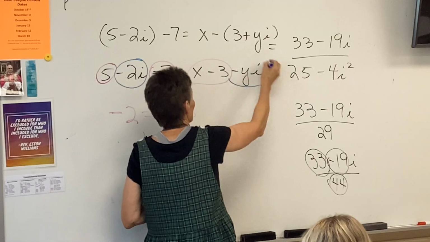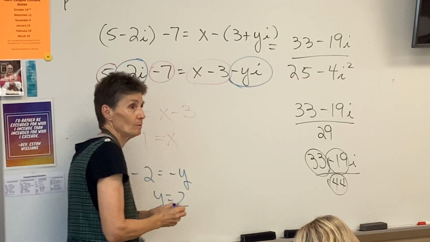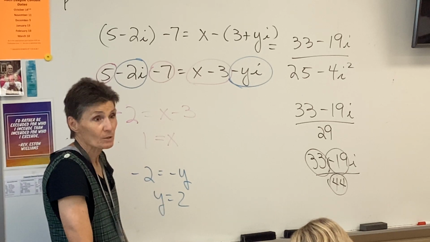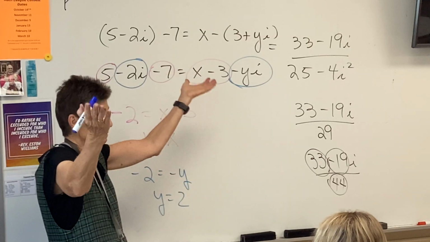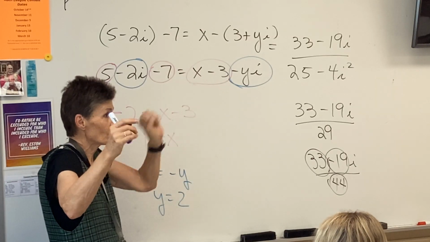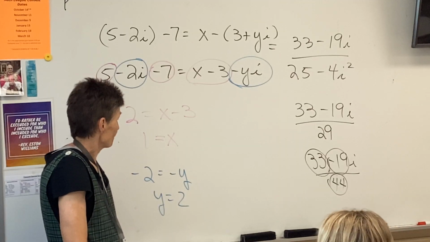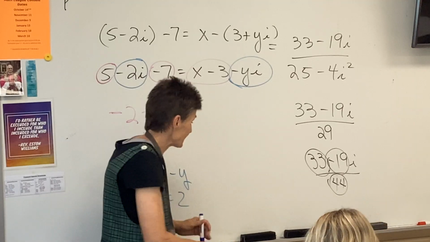And over here, it's -y. So it looks like y has to be 2. That is a super simple problem, but it works really hard. Complex numbers are equal, real parts are equal, imaginary parts are equal. All right, that takes care of that.